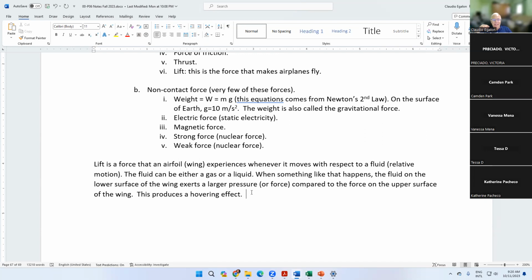Watch for that if you have the opportunity to go to the beach. We see that most of the time at the beach when there is a very strong breeze. Not just the beach, but any place that has very strong wind. But most of the time it's at the beach because of the wind that comes from the sea.